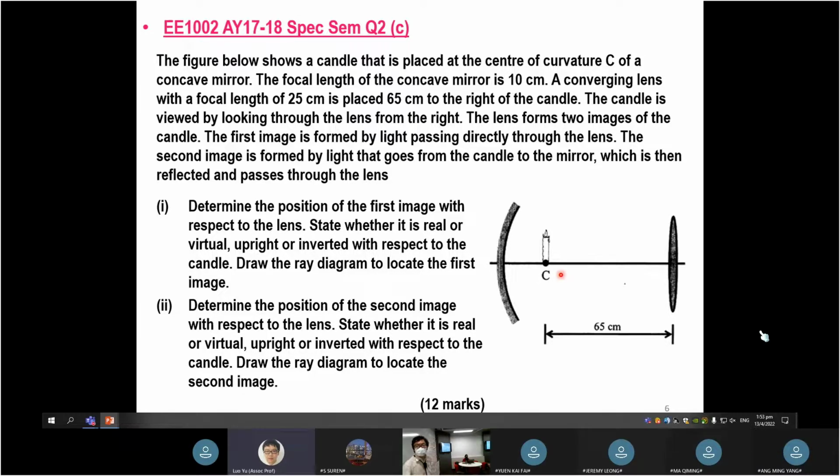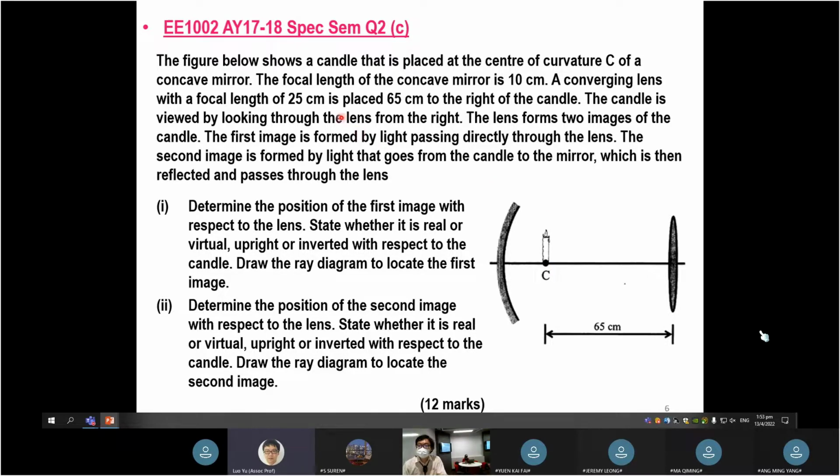Which means its object distance to the mirror is how many focal distances? Yes, very good. It should be twice the focal distance. Because for the mirror, the radius of curvature is twice the focal length. So if something is placed at the center of curvature, the corresponding object distance is twice the focal length.